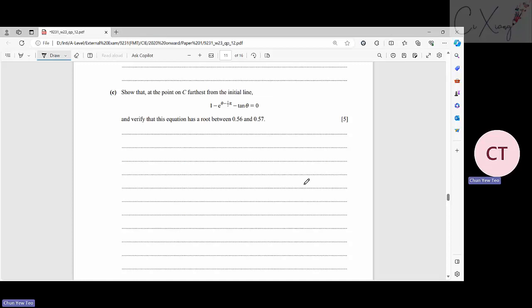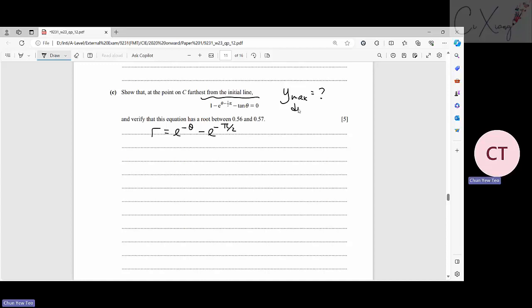They ask you to show that the point on C furthest from the initial line equals this equation. So first of all, you have r equal to e to the power of negative theta. This is what the question gave you. In order to find the furthest distance from the initial line, that means we want to look for the y max.